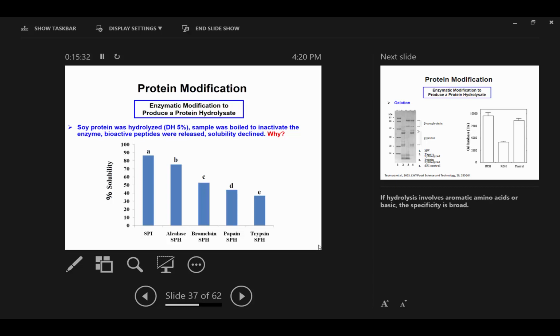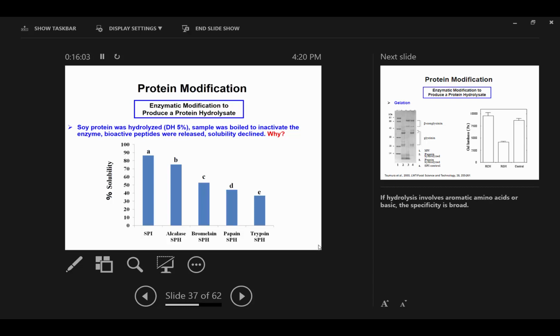We started with a soy protein isolate that has been produced in the lab, so it's native, it's not denatured. And then we subjected it to different enzymes: alcalase, bromelain, papain, and trypsin. Then we targeted only a limited degree of hydrolysis, 5%, and we inactivated the enzyme by boiling, and we released bioactive peptides. We measured that, and we established that portion.